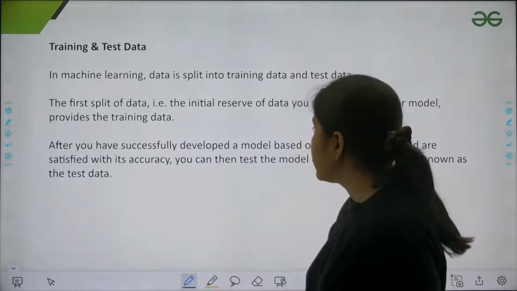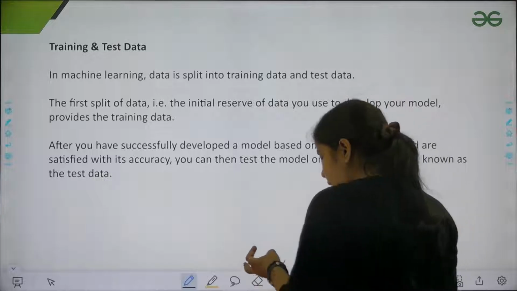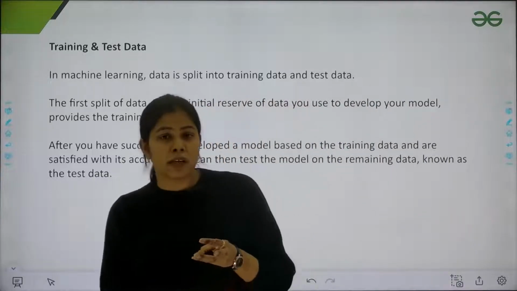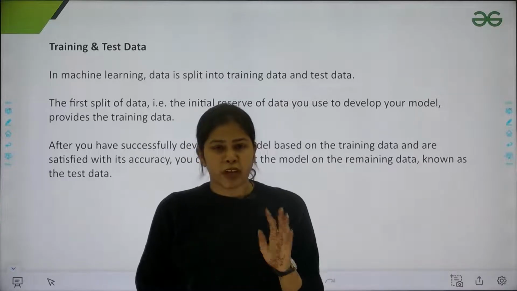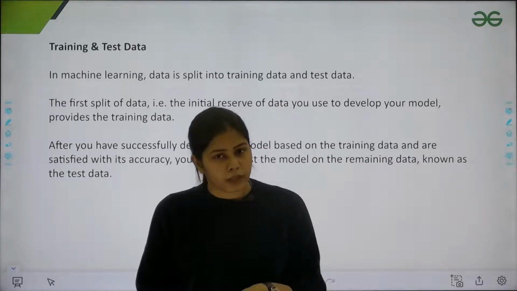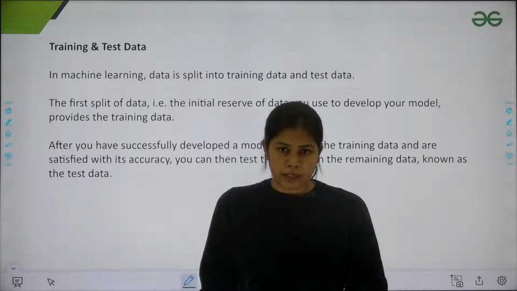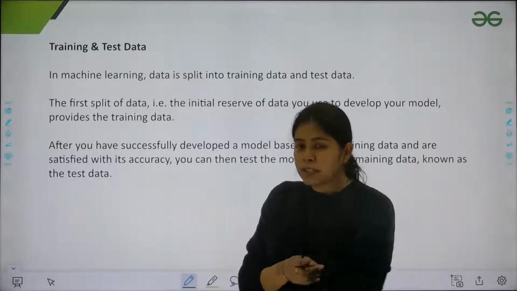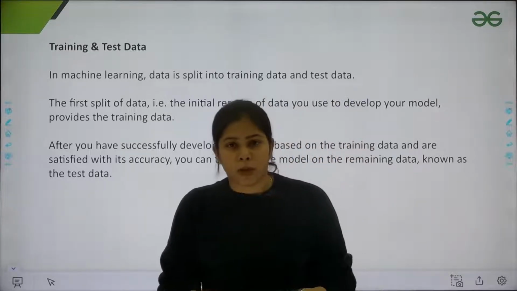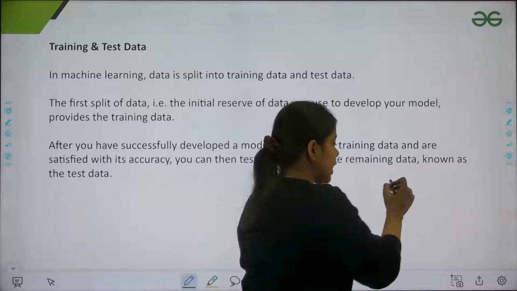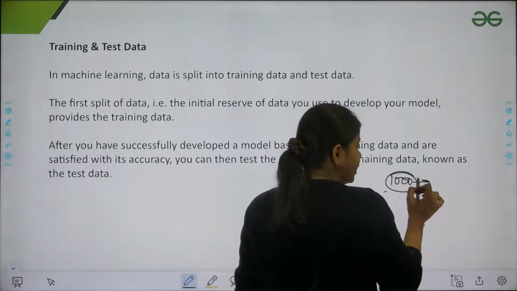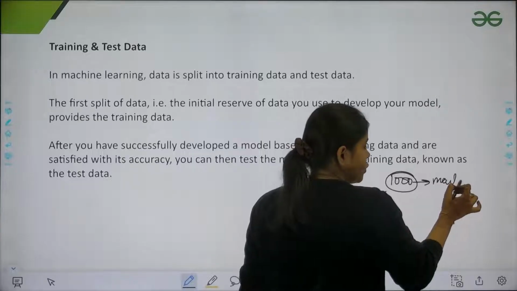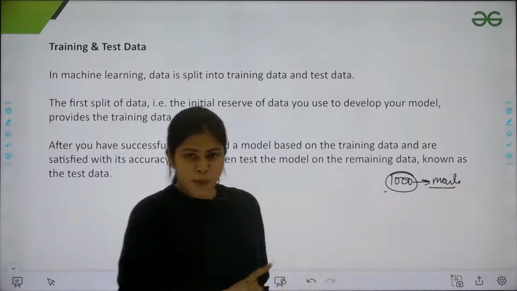Now let's discuss one important aspect, that is training and test data, because we are talking about supervised learning, where we have labeled data, right? Let's suppose I just want to train an algorithm. Let's say I have 1000 mails which are already identified as spam and non-spam.